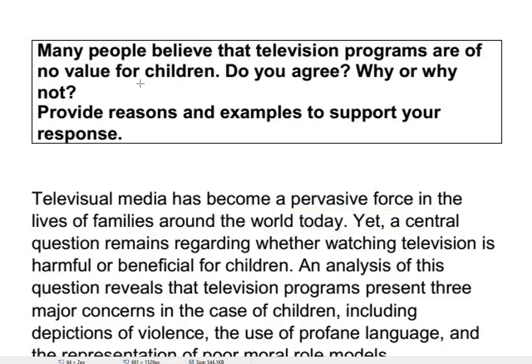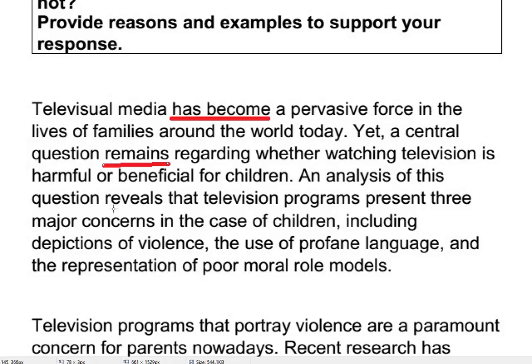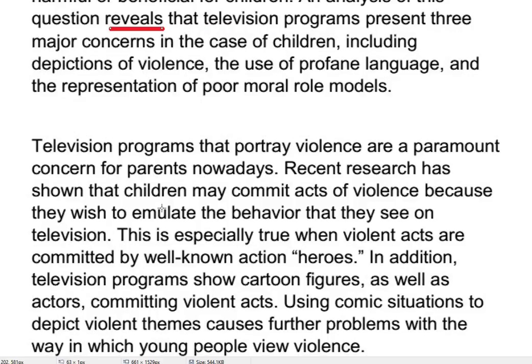Okay, let's look at grammar. Okay, has become good present perfect, good present tense, present tense, got this relative clause, got present perfect.